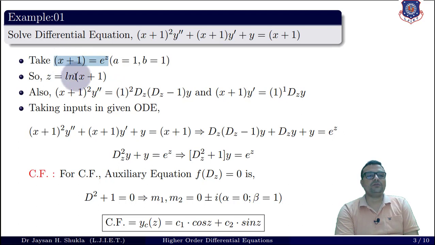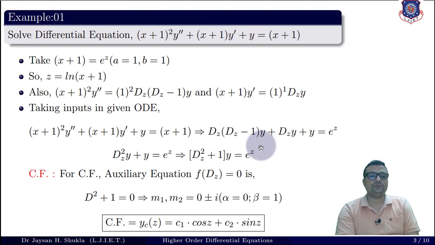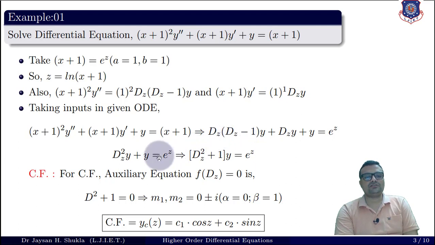Now I converted my whole equation from free variable x to free variable z. Don't forget to consider D_z, otherwise you will be confused about what the variable of derivative is. So now I am simplifying this. It gives me D_z² − D_z + D_z + y equals e^z.